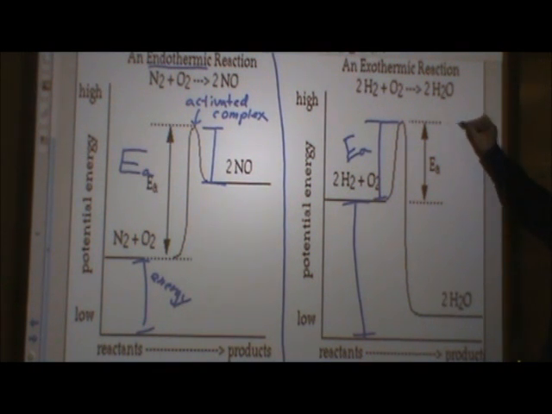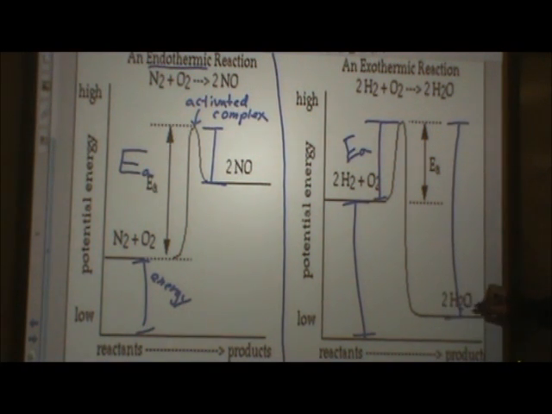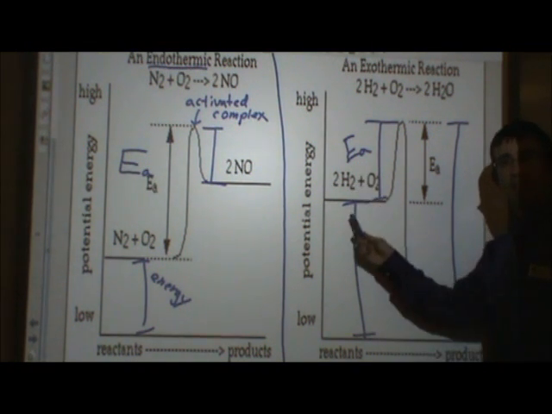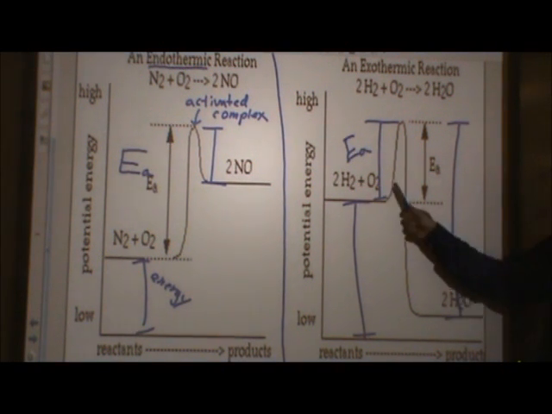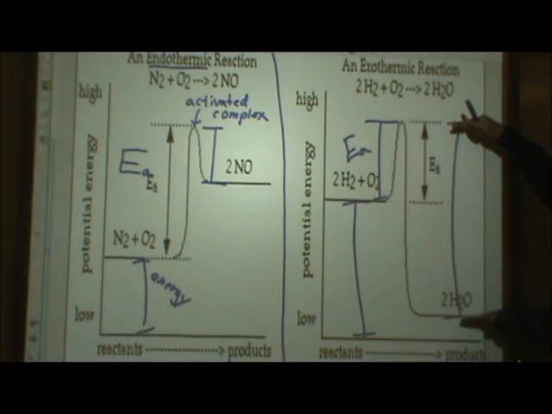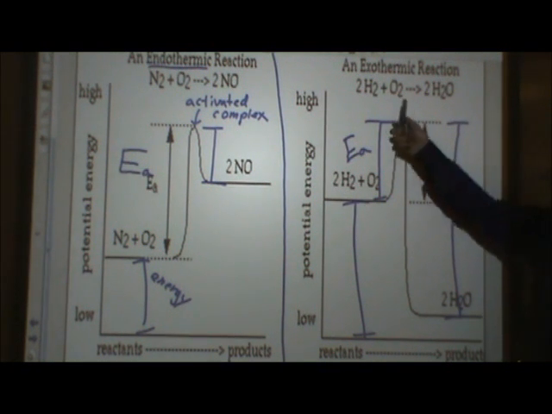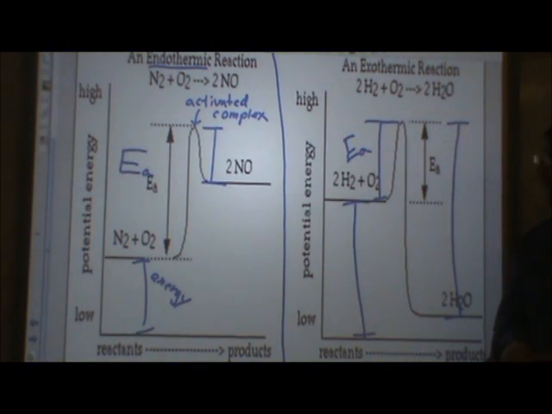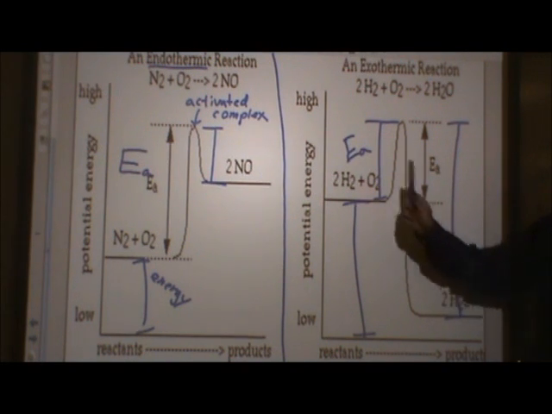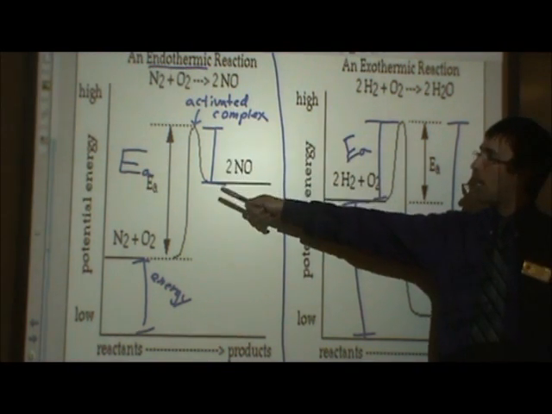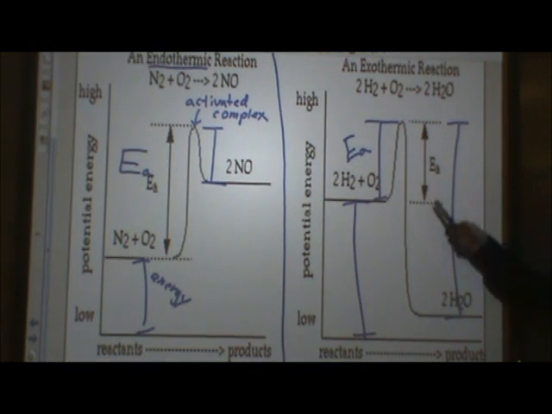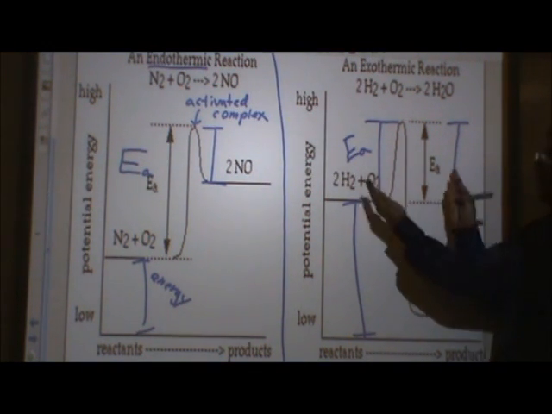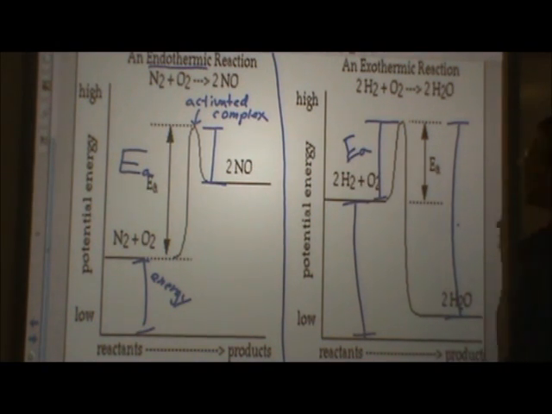And then, from here way down to here, this is how much energy goes out of the reaction. So, energy in, energy out. For this one, you have a little bit that goes in and a whole bunch that goes out. So, we call this an exothermic reaction. This graph shows us the endothermic reaction and the energy that goes in and out. This is the exothermic reaction graph. You can see they're very similar, but they're opposite.